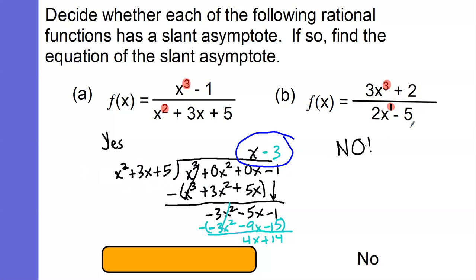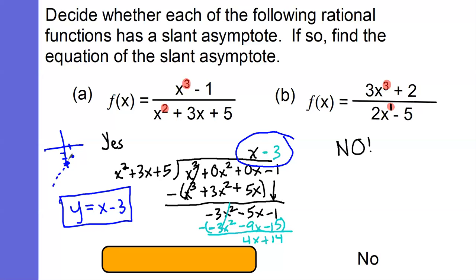If I just take that quotient and set y equal to that, that tells me exactly where my slant asymptote is. My slant asymptote is the line y equals x minus 3. Just to do a quick sketch, that means that my y-intercept would be negative 3, and my slope would be positive 1. And just as a very rough sketch here, the slant asymptote would look something like that.